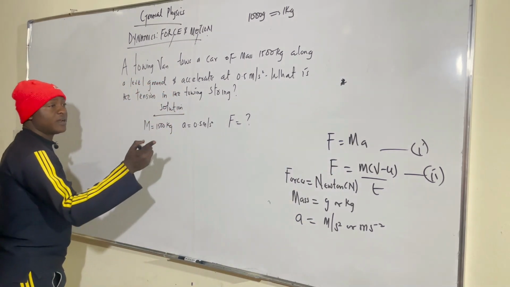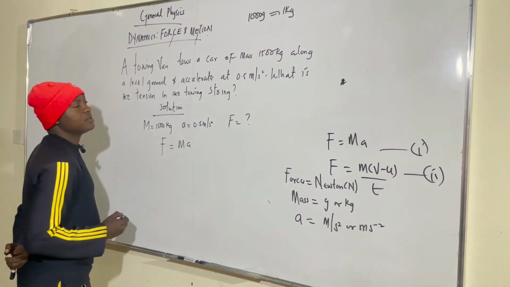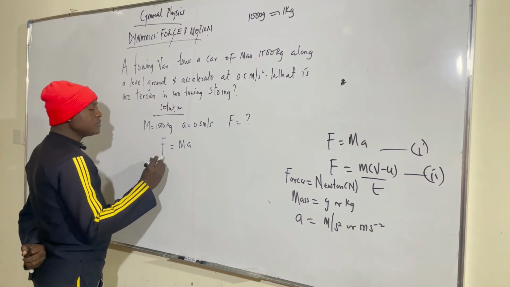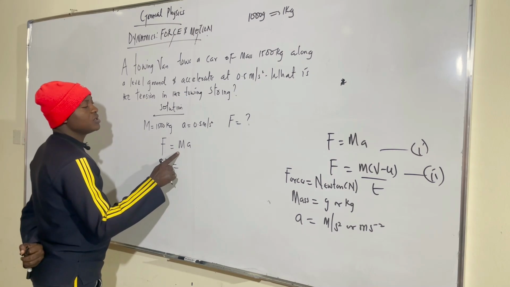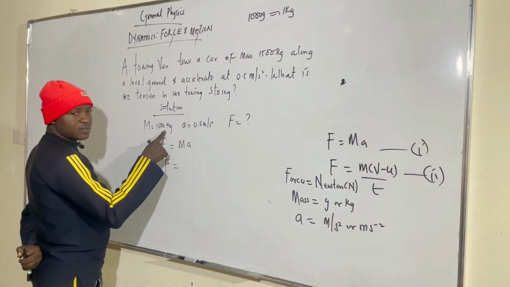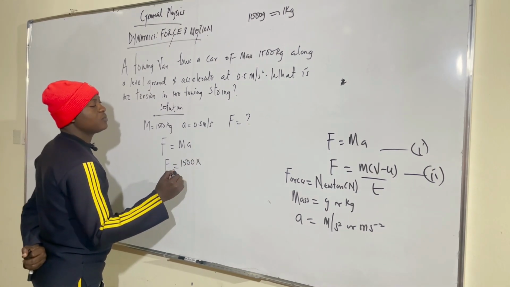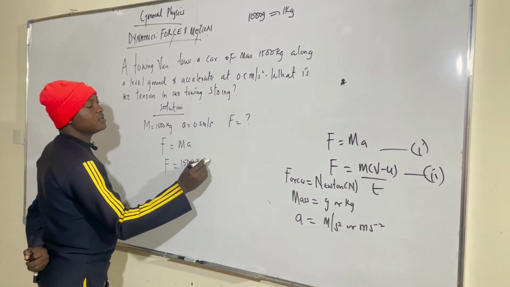The first one, F is equal to ma, right? So now we have force equal to the mass given to us, which is 1,500, multiplied by the acceleration, which is 0.5.